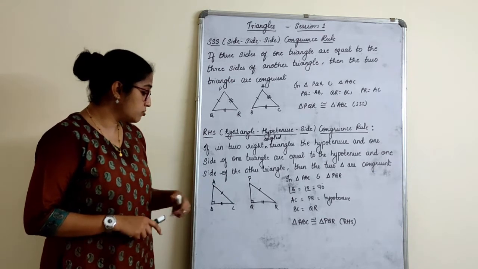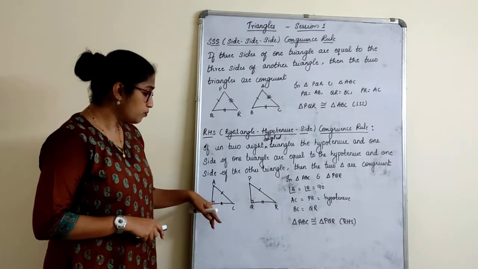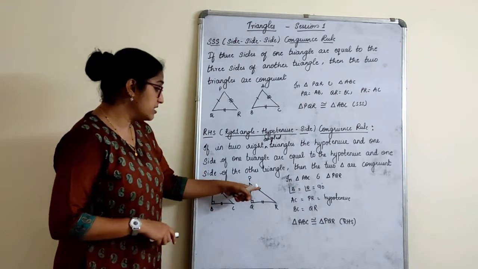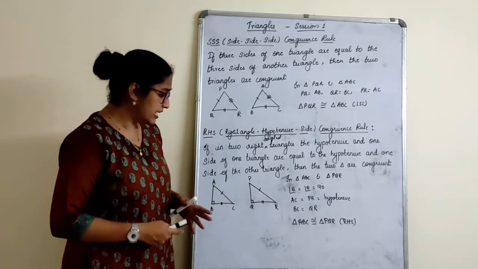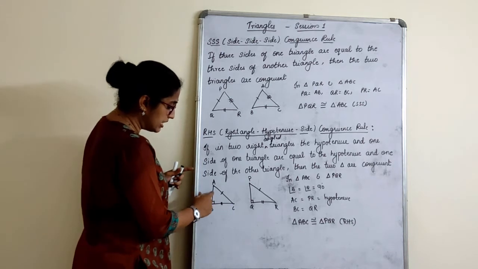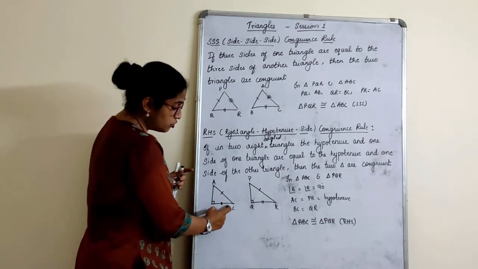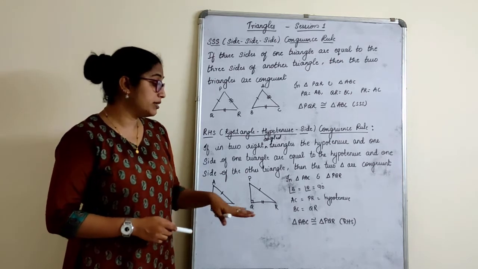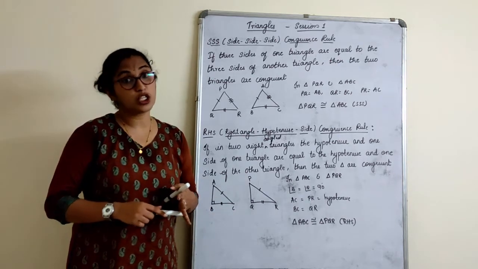So let's consider two triangles ABC and PQR, where angle B is equal to angle Q, which is 90 degrees. AC is equal to PR, which is the hypotenuse, and any one side, children, can be BC or it can be AB, right? So BC is equal to QR. So triangle ABC is equal and congruent to triangle PQR by the RHS congruence rule.